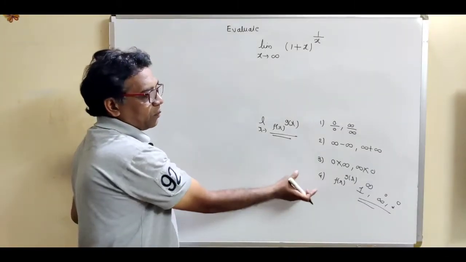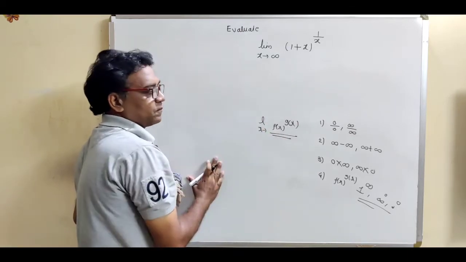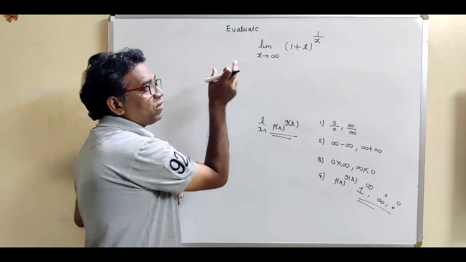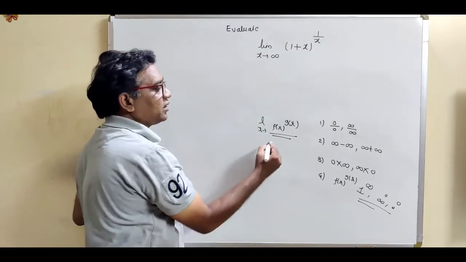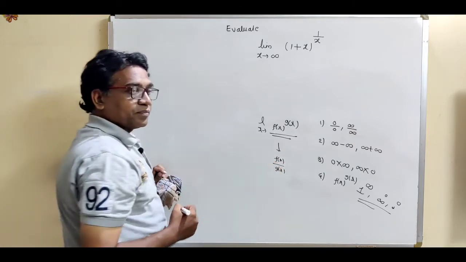So this is our given topic. It contains a function raised to another function. So see what the method is. First of all, convert this function raised to another function in terms of division. This is the technique.